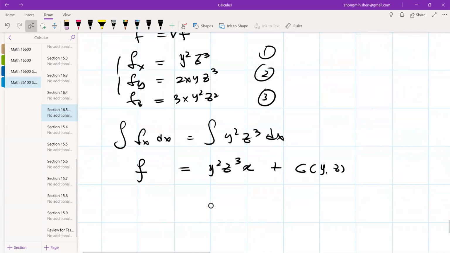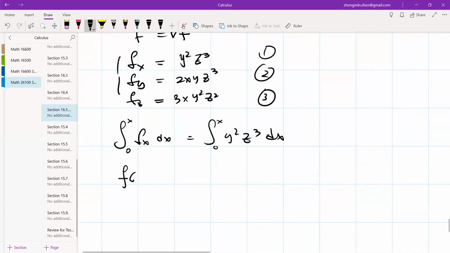Let me put a little more detail: the integral from 0 to x, where y and z are arbitrary numbers.